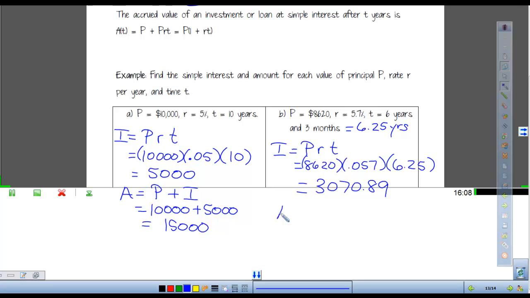Okay, so my accrued amount would be 8,620 plus this 3,070. I get $11,690 and 88 cents.